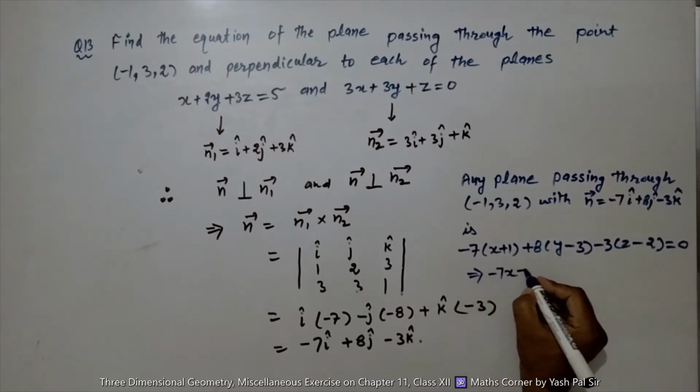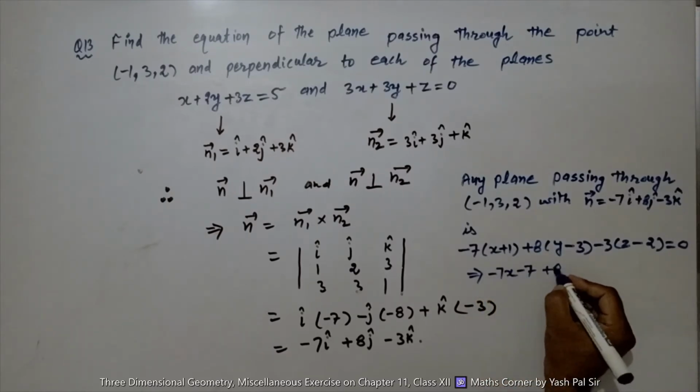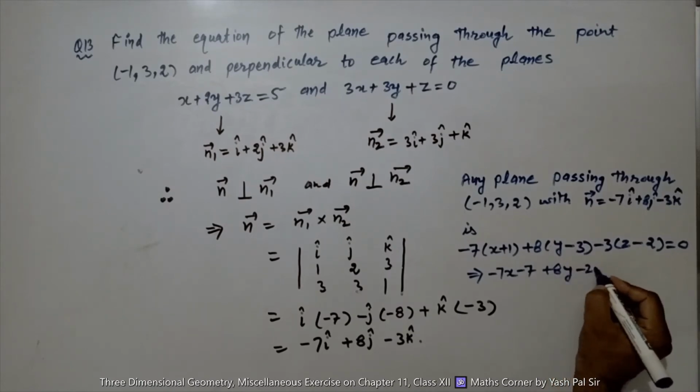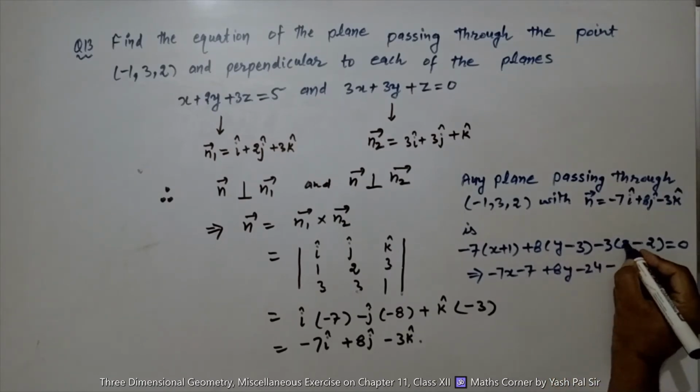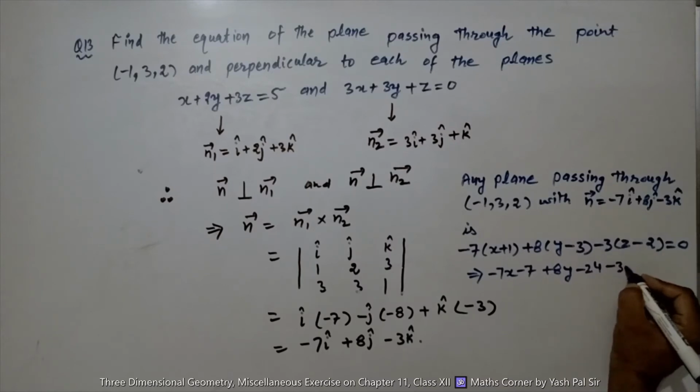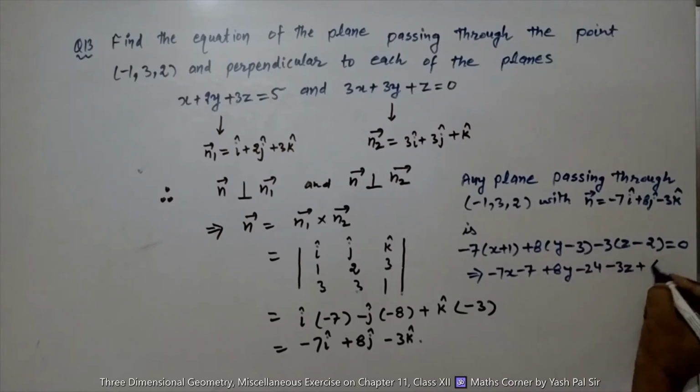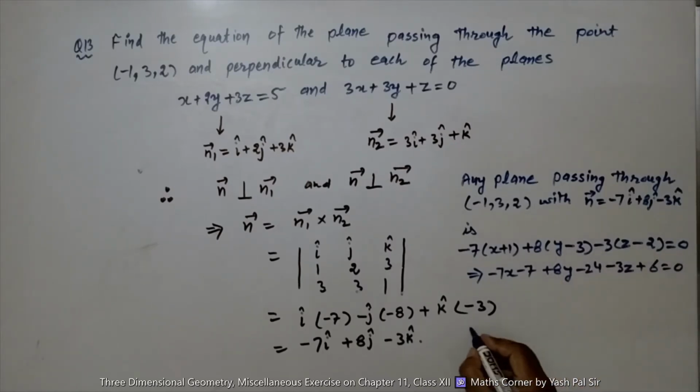Solving this, we have minus 7x minus 7 plus 8y minus 24 minus 3z plus 6 equal to 0.